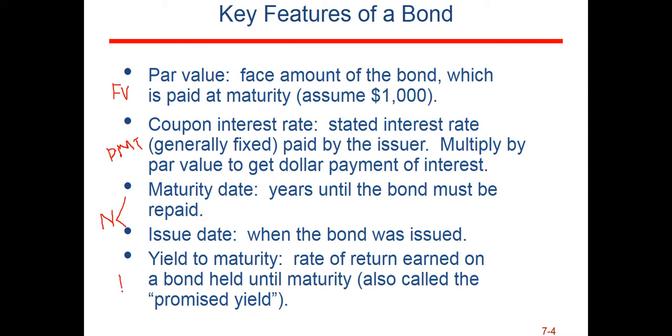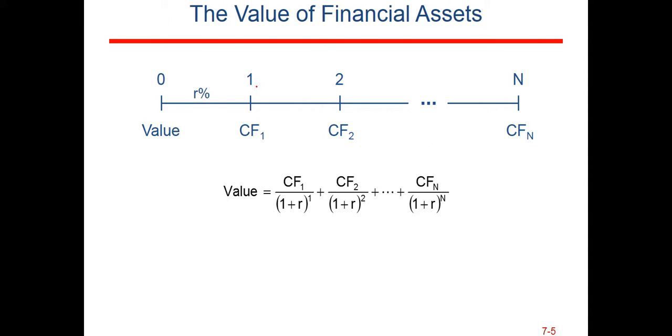Yield to maturity is I, the interest rate. So again, as you see here, there's a kind of interest rate here and here. The actual interest rate you are going to use that the market demands is yield to maturity. That is important. Yield to maturity here given for n periods of time.